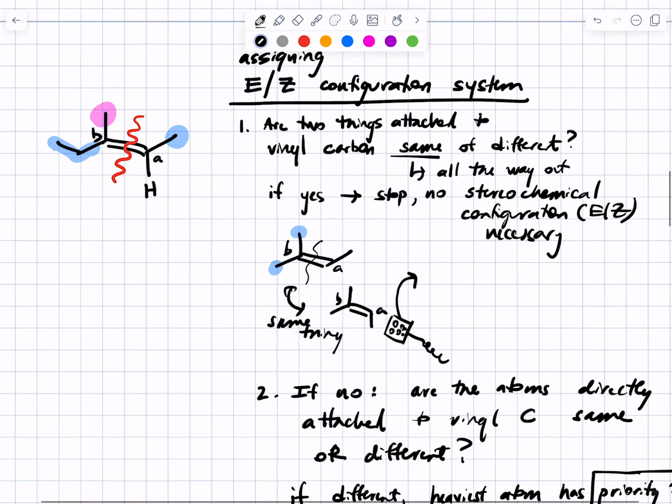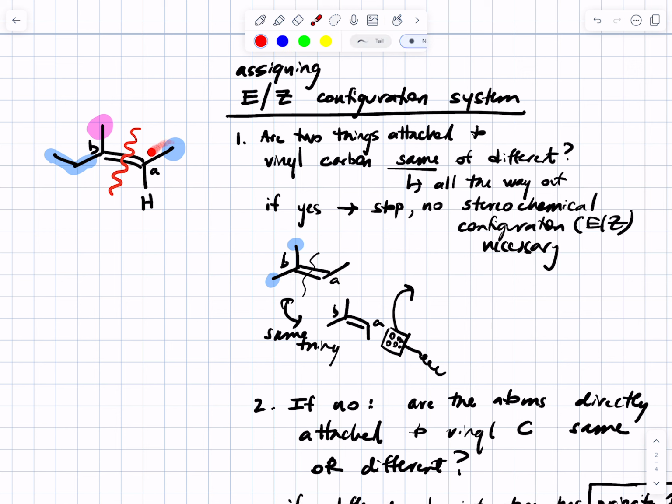So, looking at our example molecule here, vinyl carbon A is attached to a carbon and a hydrogen. They're different. Therefore, the heaviest atom has priority level 1. It gets to get on the airplane first and take all the overhead compartments and drink champagne in first class and then watch the rest of the carbons come in walking.